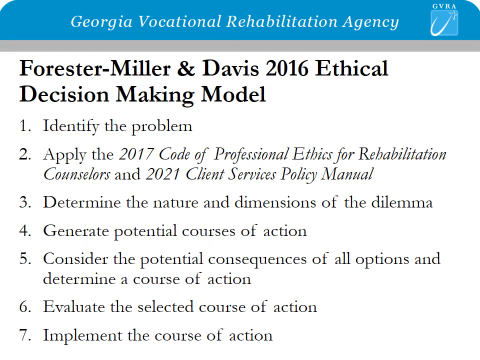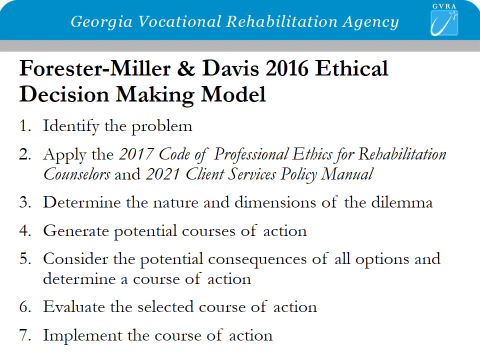Forrester, Miller, and Davis, 2016, Ethical Decision-Making Model. Here are the essential elements. 1. Identify the problem. 2. Apply the 2017 Code of Professional Ethics for Rehabilitation Counselors and the 2021 Client Services Policy Manual. 3. Determine the nature and dimensions of the dilemma. 4.